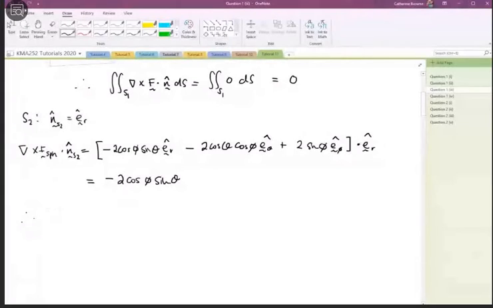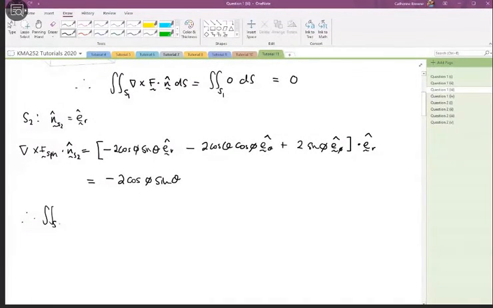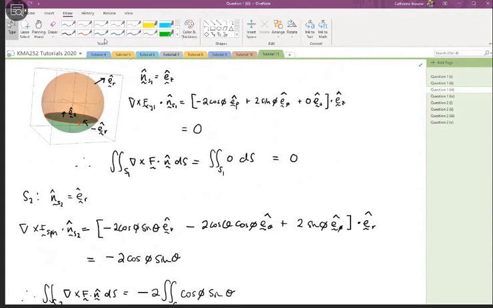So now, again, I'm going to integrate over the surface, this time surface 2. It might be helpful; maybe mine was 0 before, but you'll need ds equals rho d rho d phi.